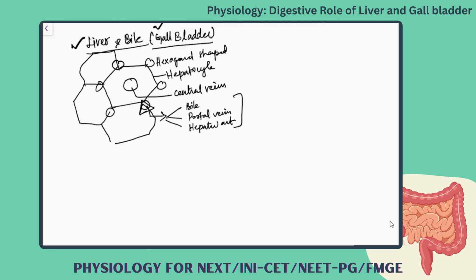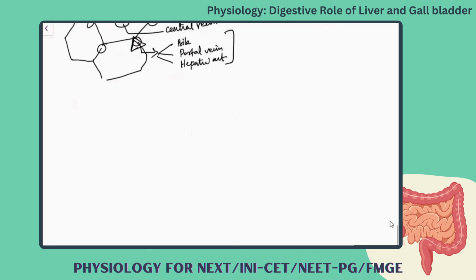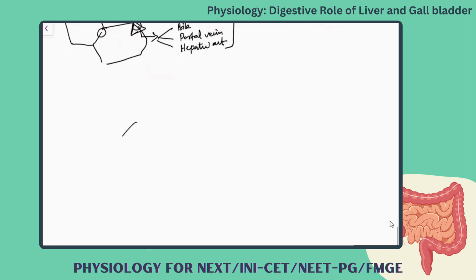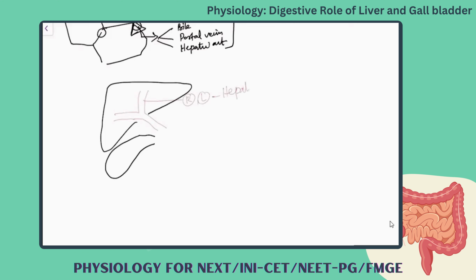Next we will move on to the physiological aspects of the liver. The main secretion of the liver is bile. You have the liver, and below that, what is the structure? Gallbladder. The liver has a right and a left bile duct.